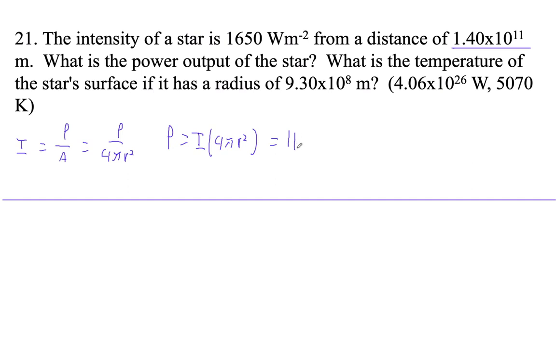So it's going to be 1650 watts per square meter spread out over a pretty big area. 4 pi, and then this is our radius, 1.4. Okay, notice that's watts per square meter times square meters, so that'll be just watts.